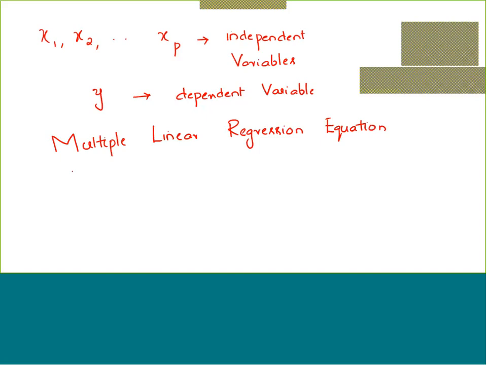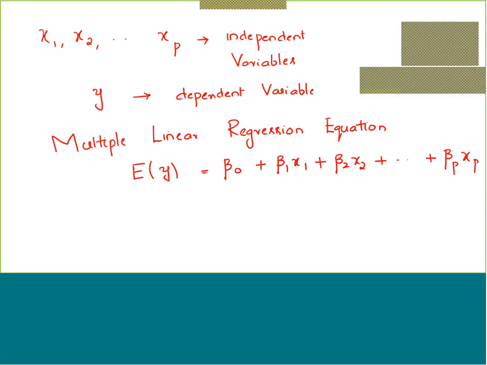E of y is equal to beta naught plus beta 1 x1 plus beta 2 x2 plus and so on plus beta p xp.